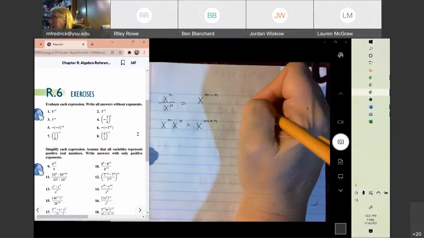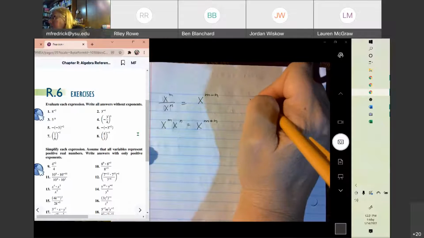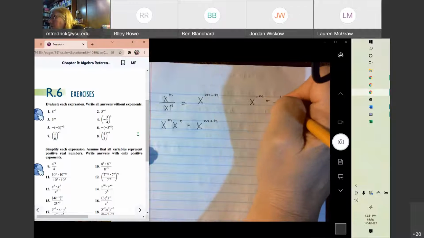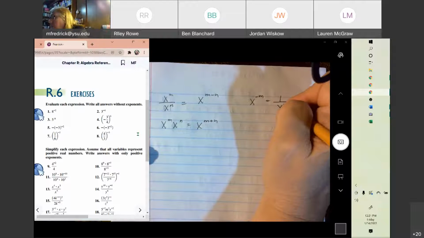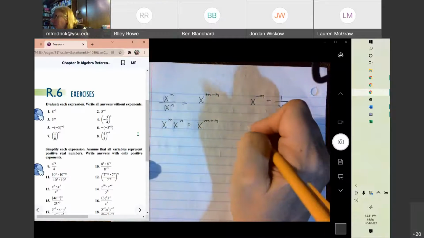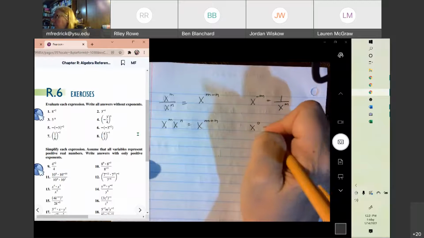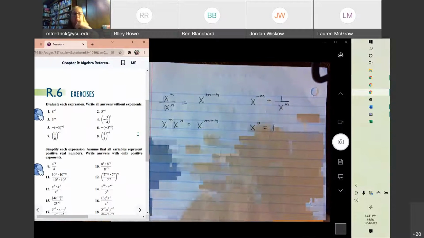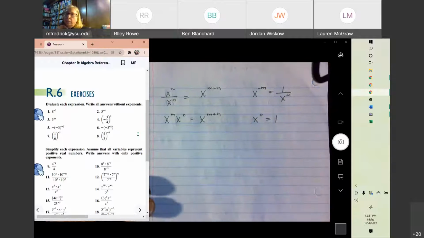If you have a negative exponent, you can move it to the denominator. And anything to the 0 power is 1. So these are, and once you start doing them, you won't have to memorize, you'll know them.